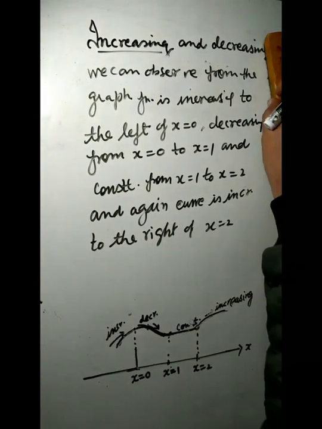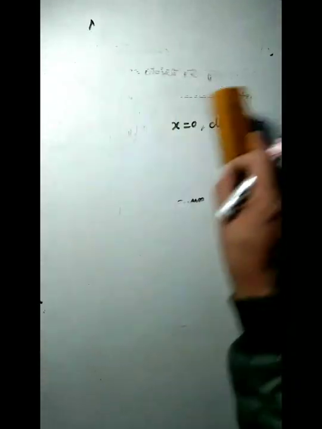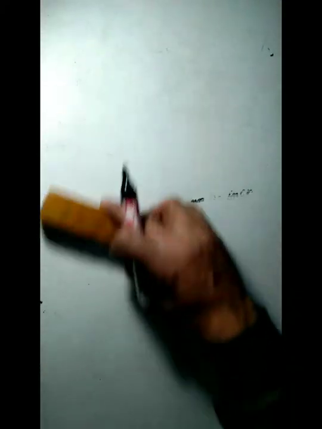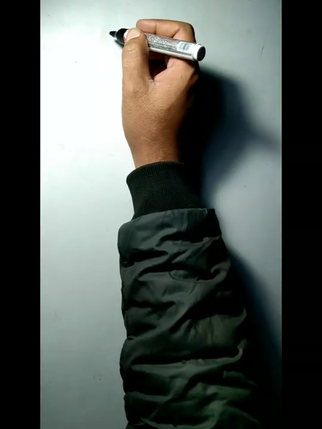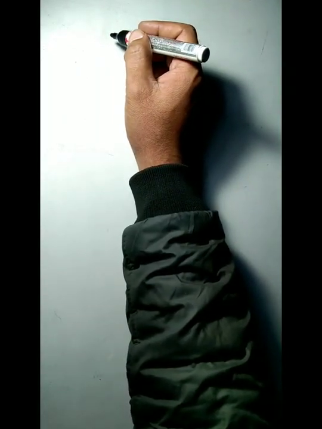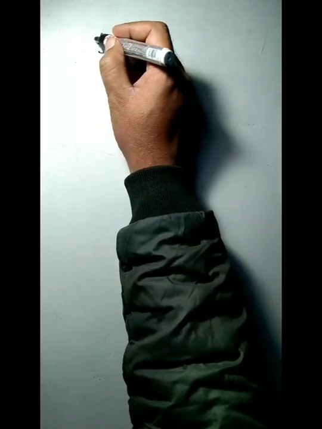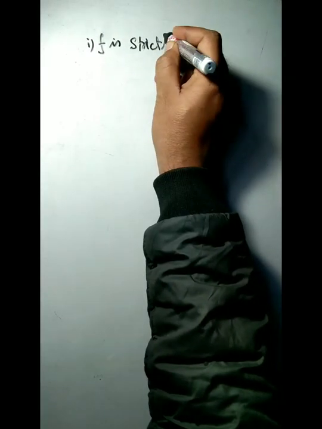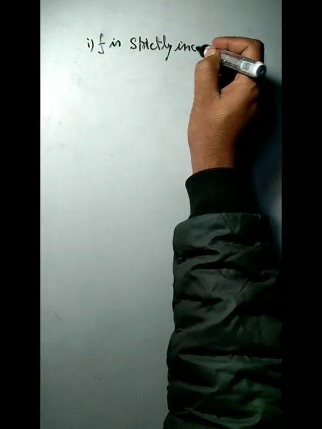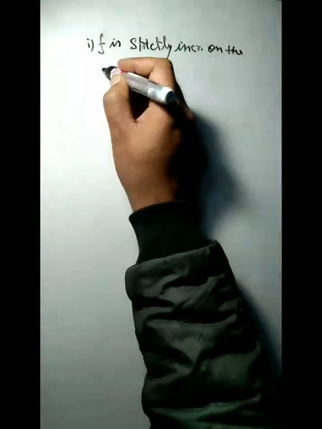Now let us consider where the function is strictly increasing and increasing. For strictly increasing on the interval, we can say f is strictly increasing on the given interval.